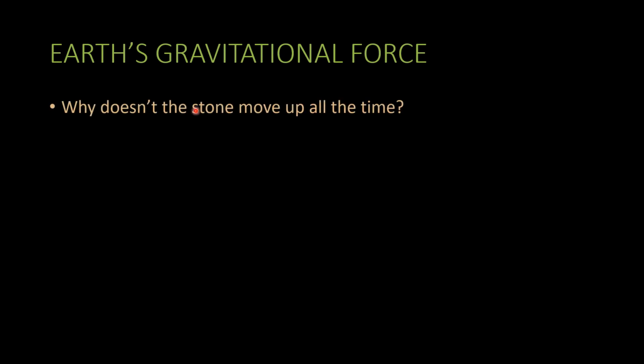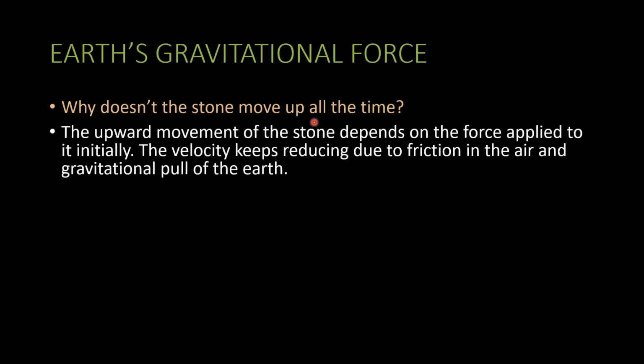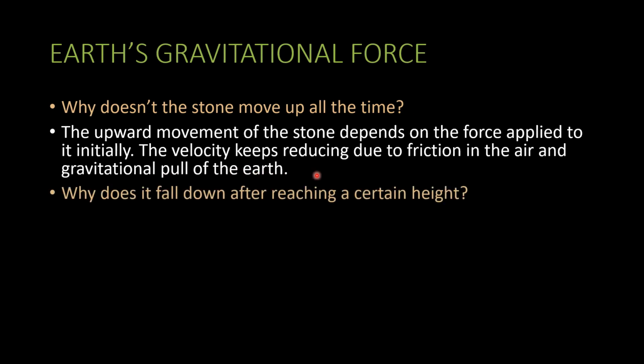But why doesn't the stone move up all the time? Why does it come back? The upward movement of the stone depends on the force applied to it initially. The velocity reduces due to two things: one is friction in the air and the other is the gravitational pull of the earth.